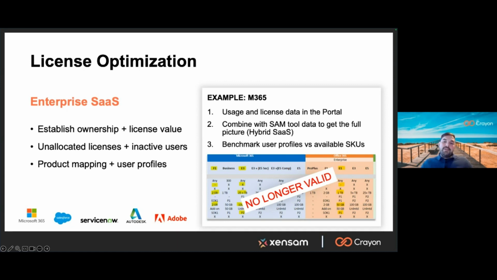So our analysis would go through the customer's data, matching against these restrictions that have been set by the vendor, to then find out, okay, these users can actually use a license which is not E3, that is F3, and that way, obviously, when you're talking high volume, you're also talking high savings. This is an approach that we take with many SaaS providers, and what we build on top of the SaaS discovery practices, really going deep into the license level to find those optimization areas.